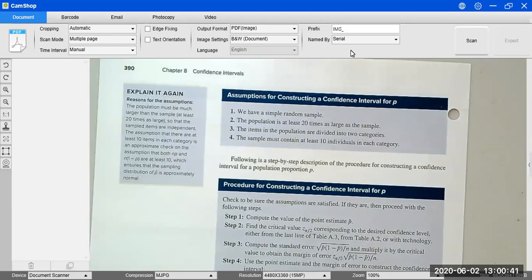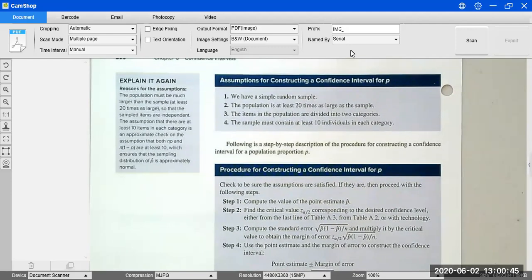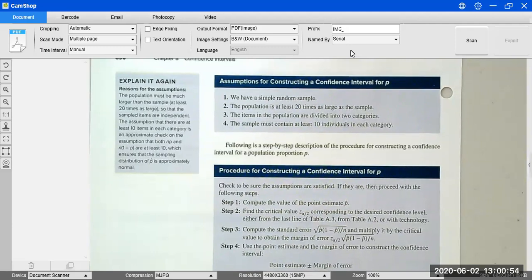So you have here on page 390 the steps to build a confidence interval for a proportion by using the normal approximation. So first, the conditions that should be satisfied to be able to use the normal approximation are, first, that we have a simple random sample, then that the population is at least 20 times as large as the sample.